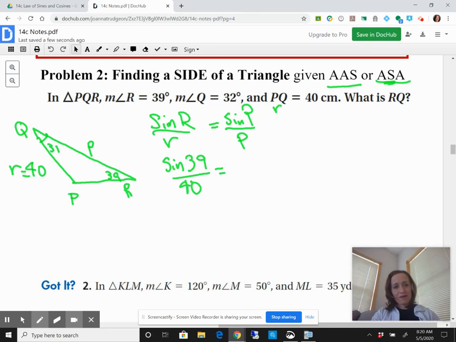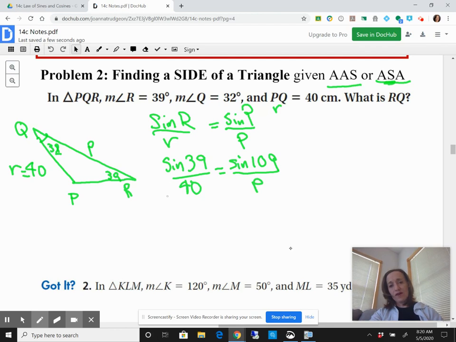By the way, that's a 32, not a 31, and I'm sorry about that. So what I can do is subtract 180 minus 32 minus 39, and I get 109. So this will be sine of 109 over little p, and little p is what I wanted because that's the same thing as RQ, which is what it wanted.